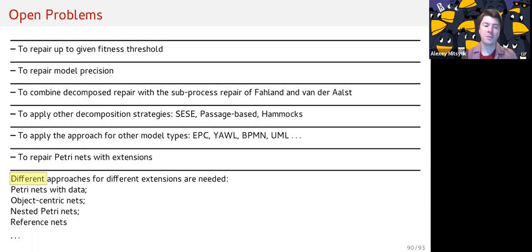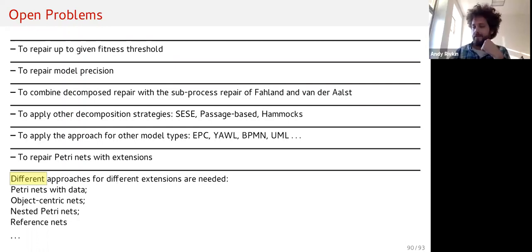So when we will have conformance checking for such models, then it will be possible to repair them effectively. Right. Essentially, your message is that before you even start thinking about doing any kind of repairs, please make sure that you're feeling quite okay on the conformance checking side, right?